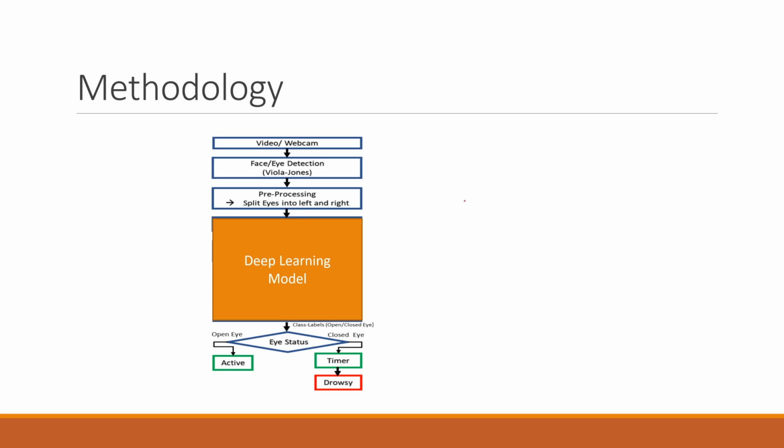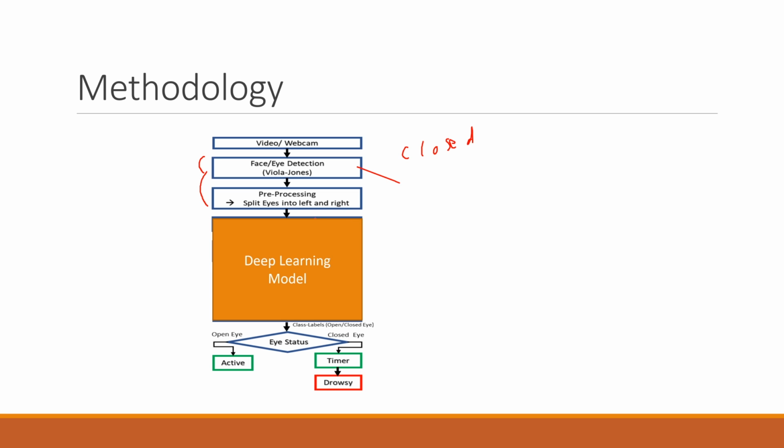This will be the final methodology. After training on images of closed eyes and open eyes, we can take a face image and detect the eyes image. This will be performed in OpenCV, and we can split the eyes into left and right. We have to make sure that both eyes are closed.